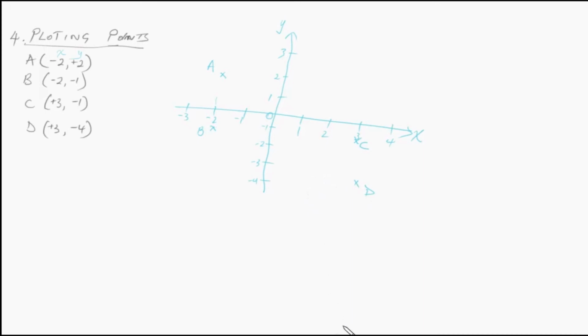Now, you have plotted those points A, B, C, D. Draw the lines AB, BC, and CD. AB is this line. Here you join these two.